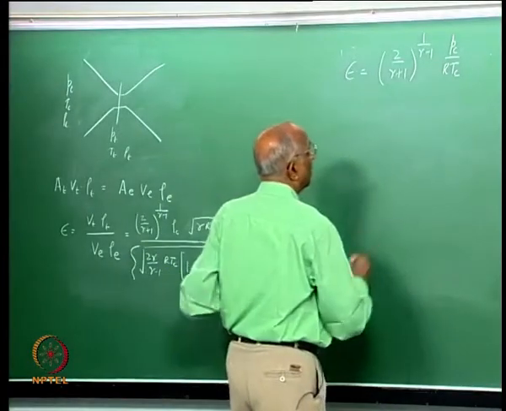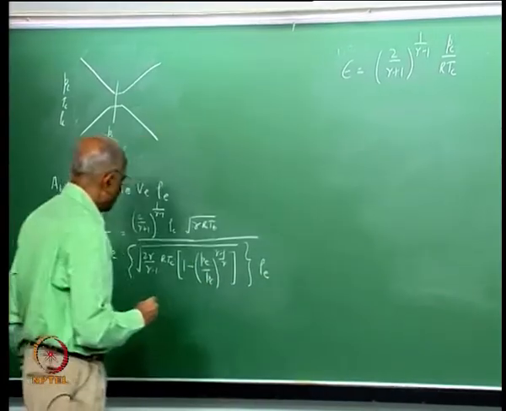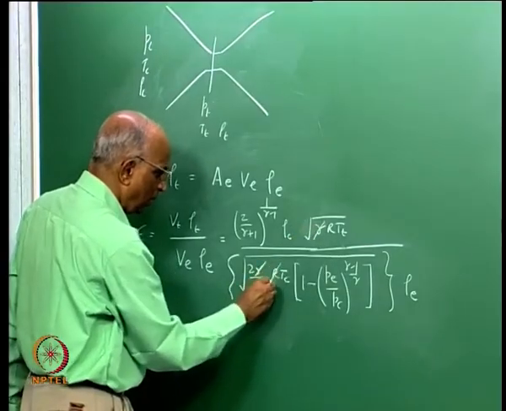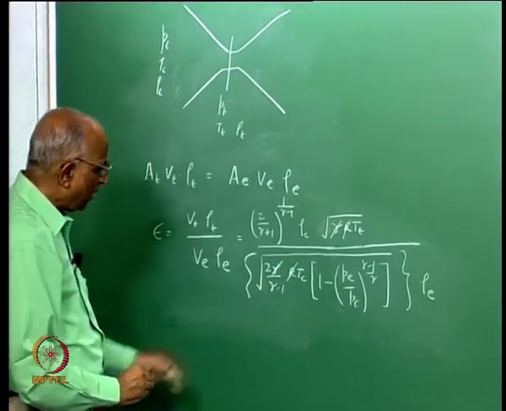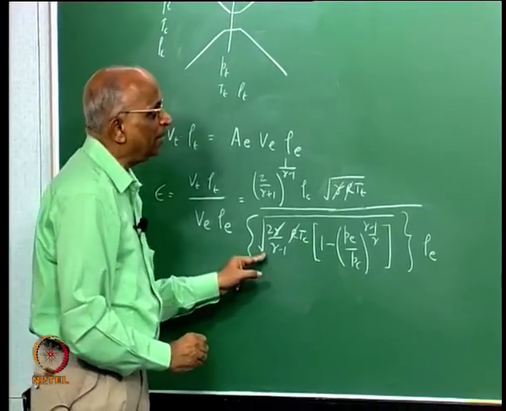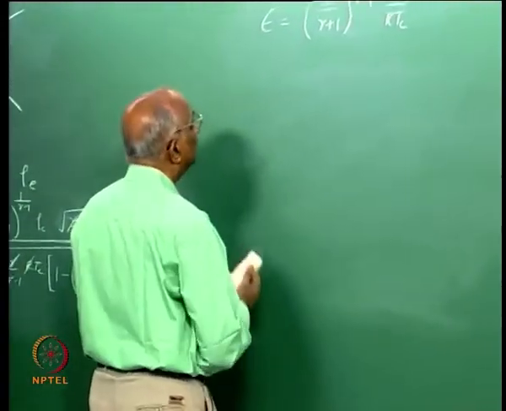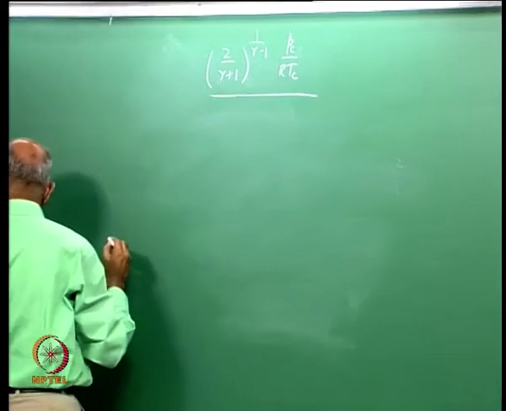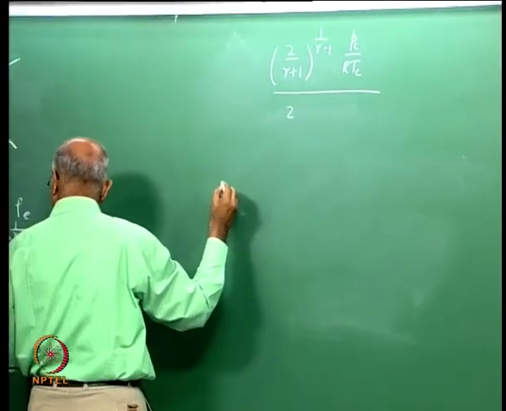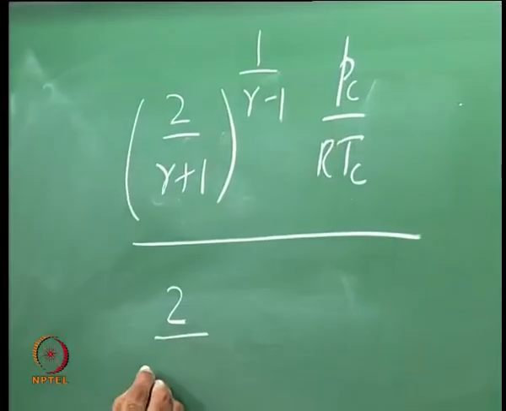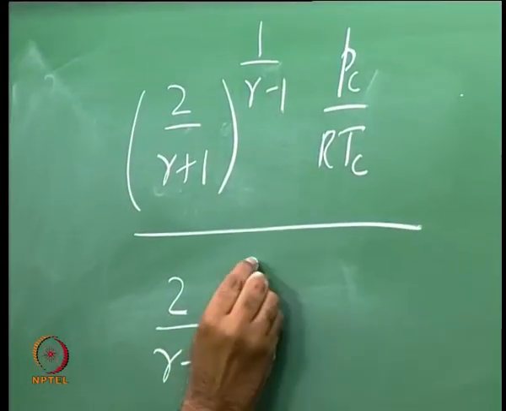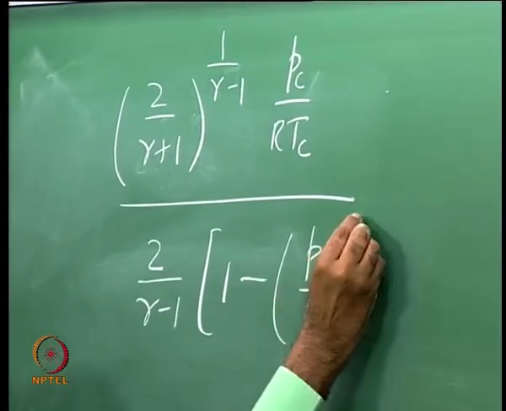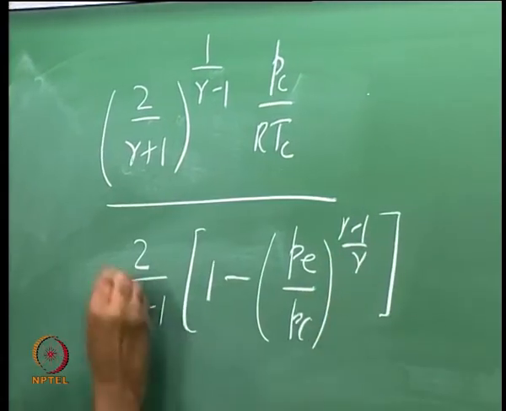And now I have another value, gamma R. Now let's strike off some of the numbers here. Here I have under root gamma, under root gamma, under root R, under root R. Therefore now I get a value which in the denominator would be, we'll take Tc outside, 2 over gamma minus 1 into 1 minus (P by Pc) to the power gamma minus 1 by gamma, under root.